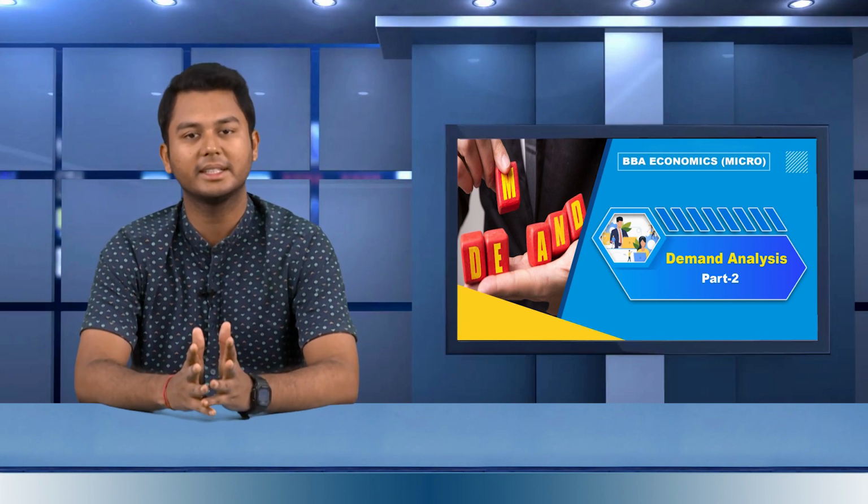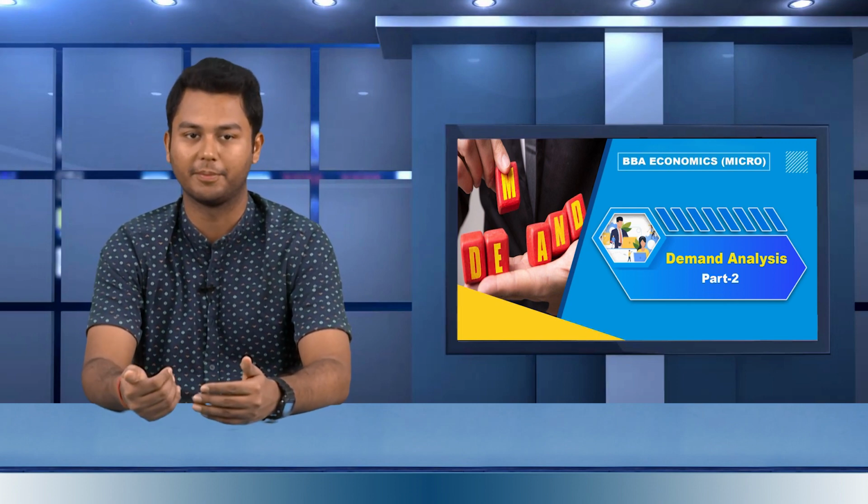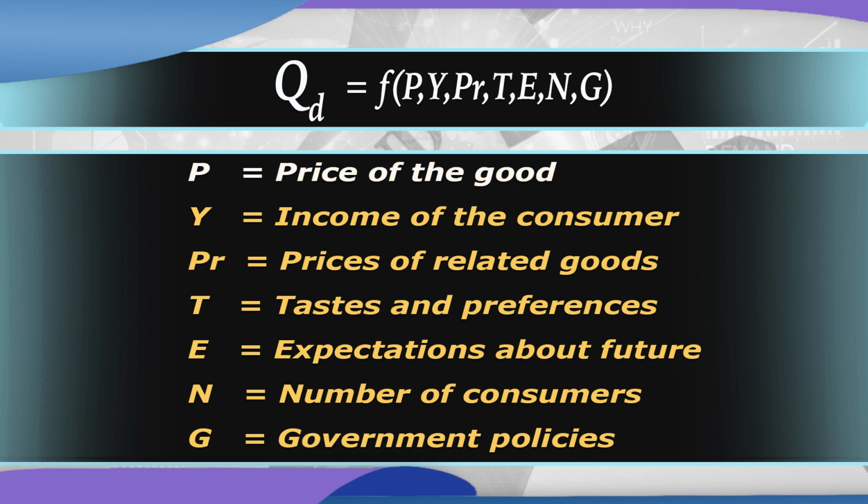Let us look at all these other variables upon which the quantity demanded is dependent. So first you have price, which is denoted by P, Y denotes the income of the consumer, PR denotes prices of related goods, T denotes tastes and preferences, E denotes the expectations about future, number of consumers are shown by the variable N, and G represents the government policies.